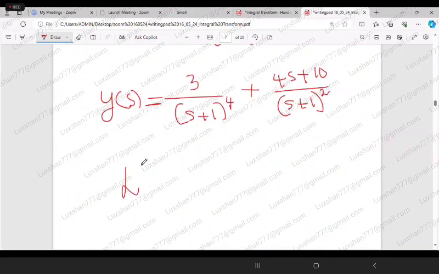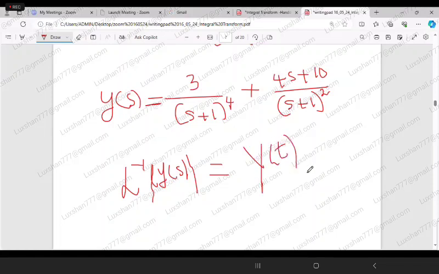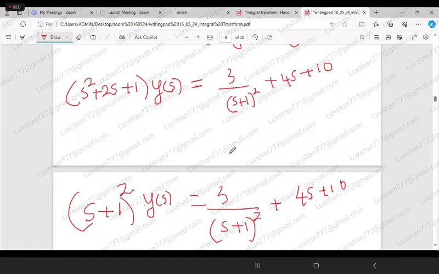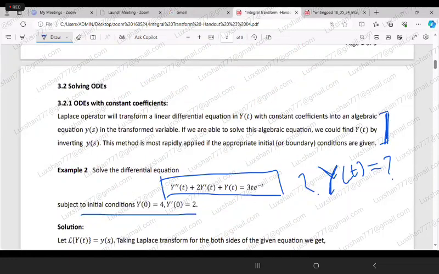So if we take the inverse Laplace transform of Y(s), then that will automatically give you capital Y(t). This is what you are asked to find. By solving this differential equation, we are trying to find the function capital Y(t).